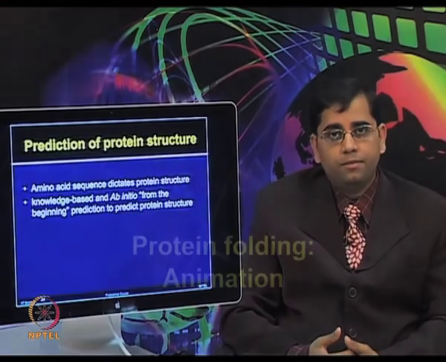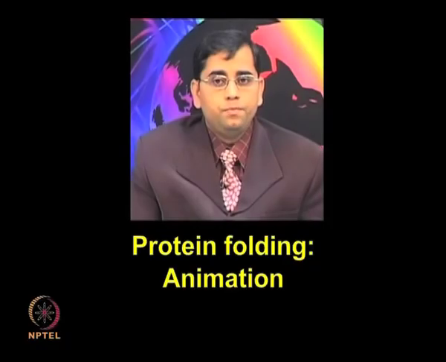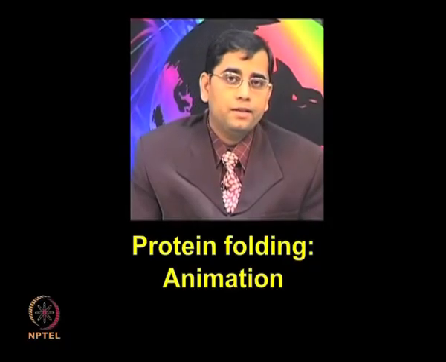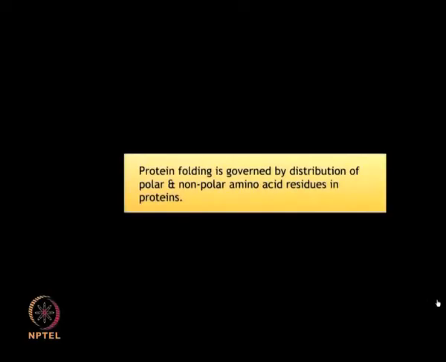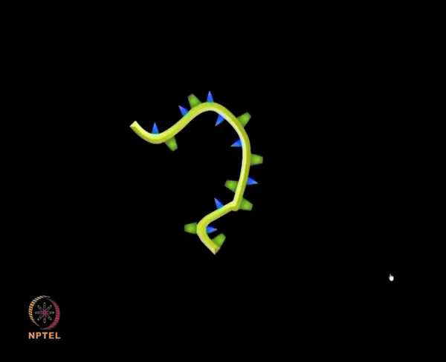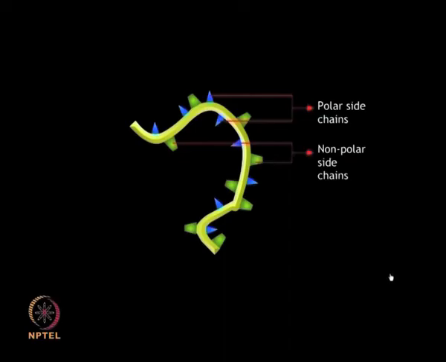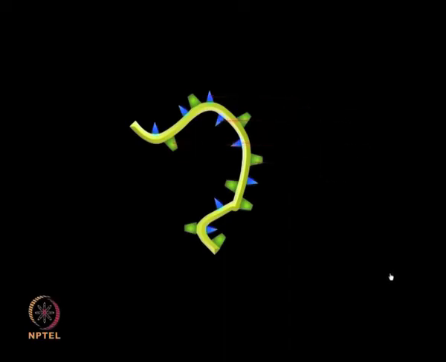So, let me show you the protein folding process in the following animation. The process of protein folding is dictated by the distribution of polar and non-polar amino acid residues in the protein. The hydrophobic amino acids are driven to interact with one another by a process known as hydrophobic collapse.